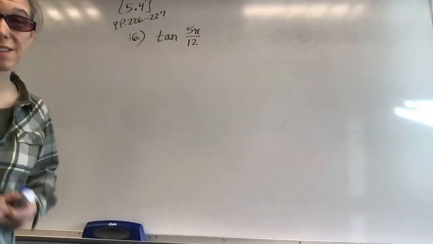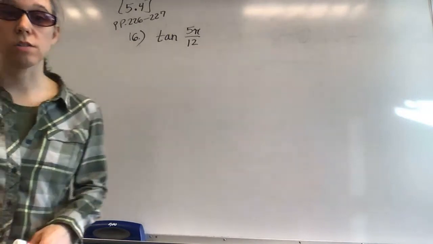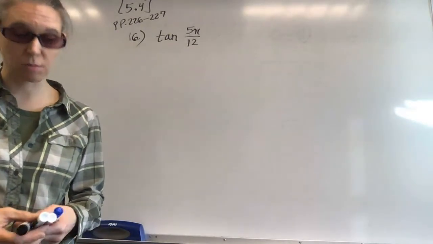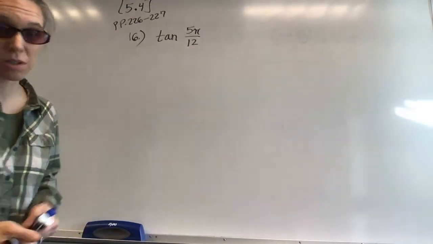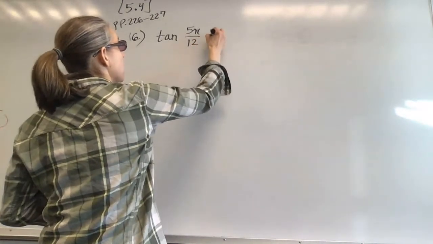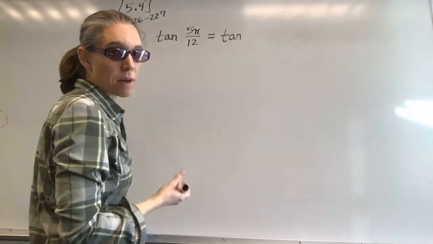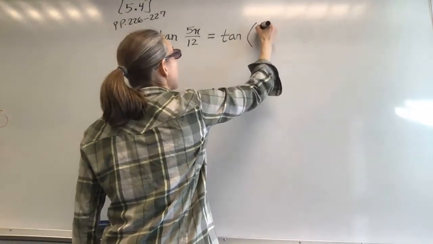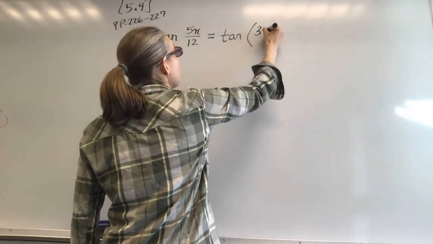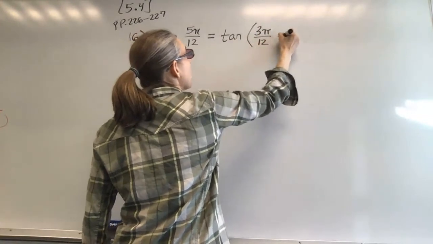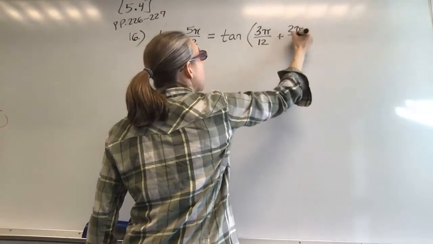Now we're going to look at the tangent formula. I'll go ahead and use tangent sum since that's going to be the most natural, easy one to use here. 5 is 3 plus 2, so this tangent of 5 pi 12ths is the same as 3 pi 12ths plus 2 pi 12ths.